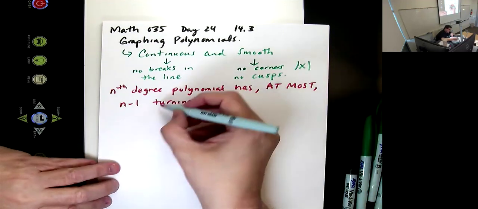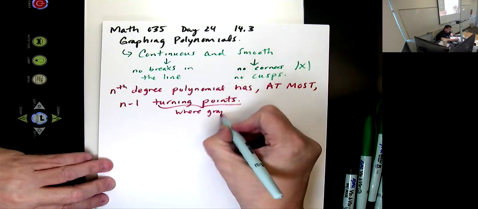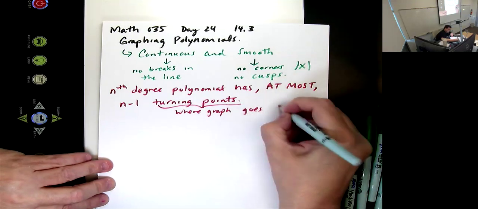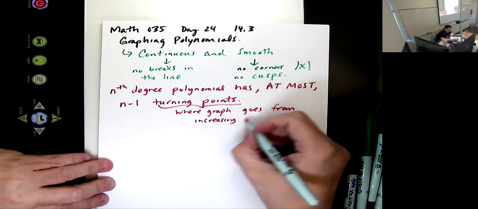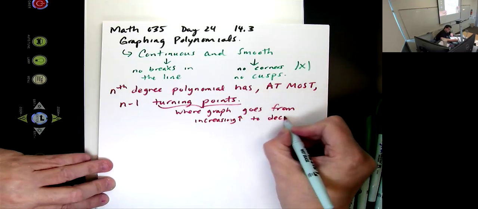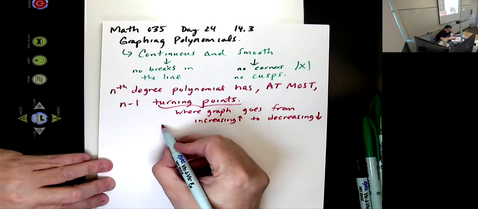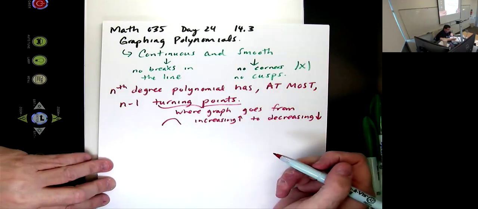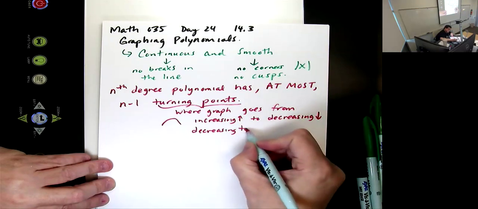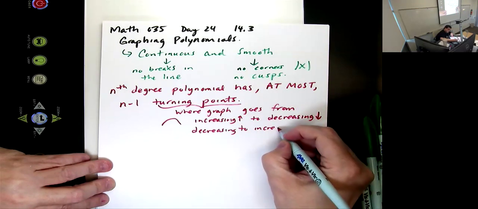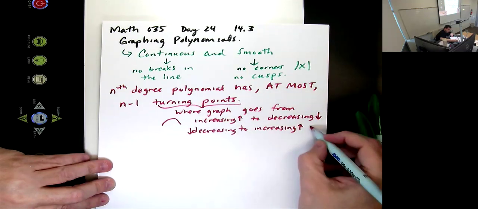A turning point is where the graph goes from increasing to decreasing, kind of like that, or decreasing to increasing, like that.